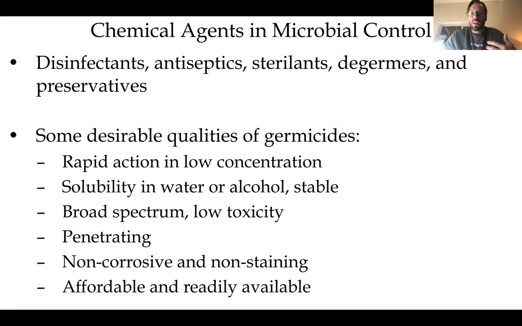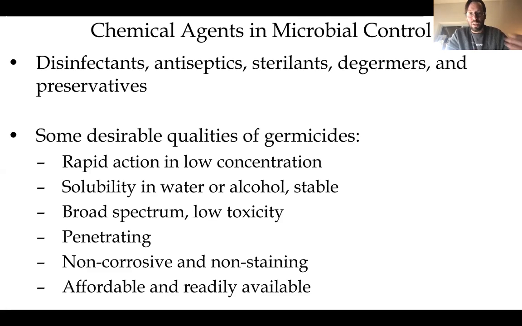Now, when we're going to use germicides, there are certain things we want to know about them to decide which is the best germicide to use for the particular application. Some of the things that make germicides particularly useful is that they can kill microbes pretty quickly in low concentrations.